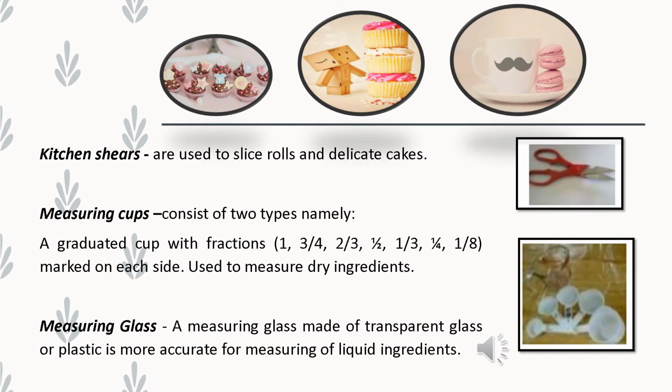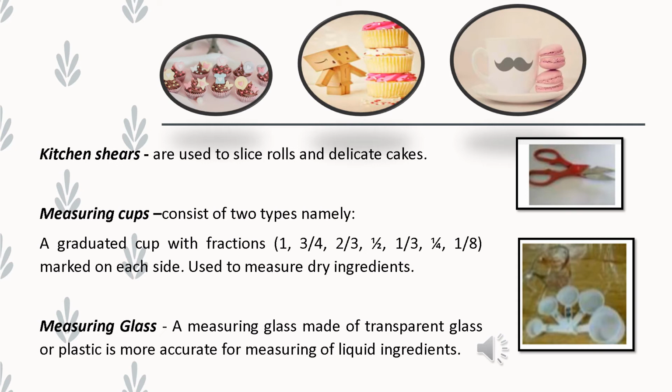Kitchen shears or scissors are used to slice rolls and delicate cakes. Measuring cups consist of two types, namely graduated cup with fractions 1, 3/4, 2/3, 1/2, 1/3, 1/4, and 1/8, which mark on each side.